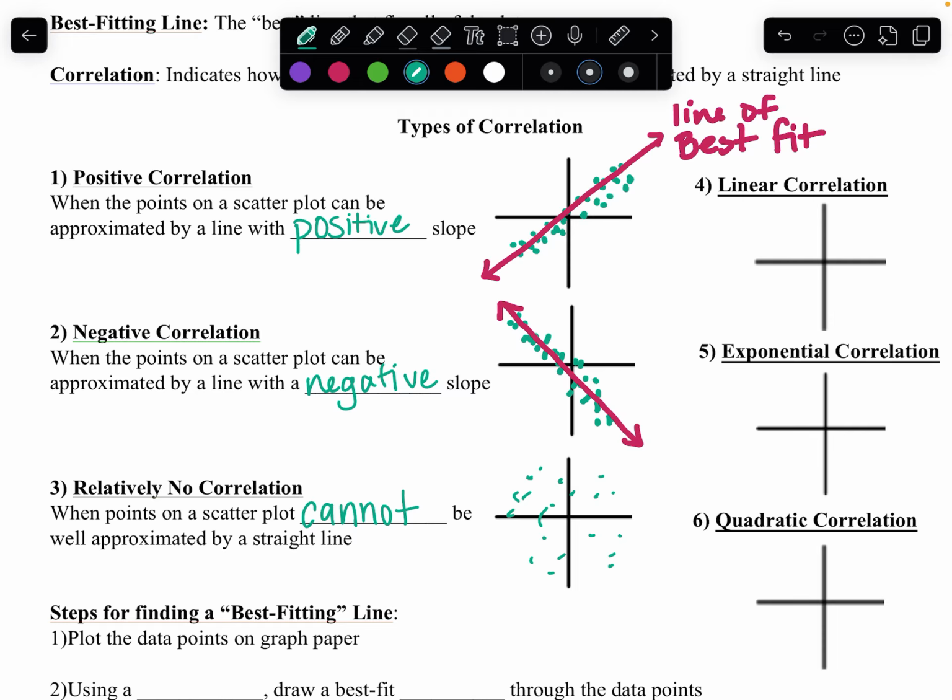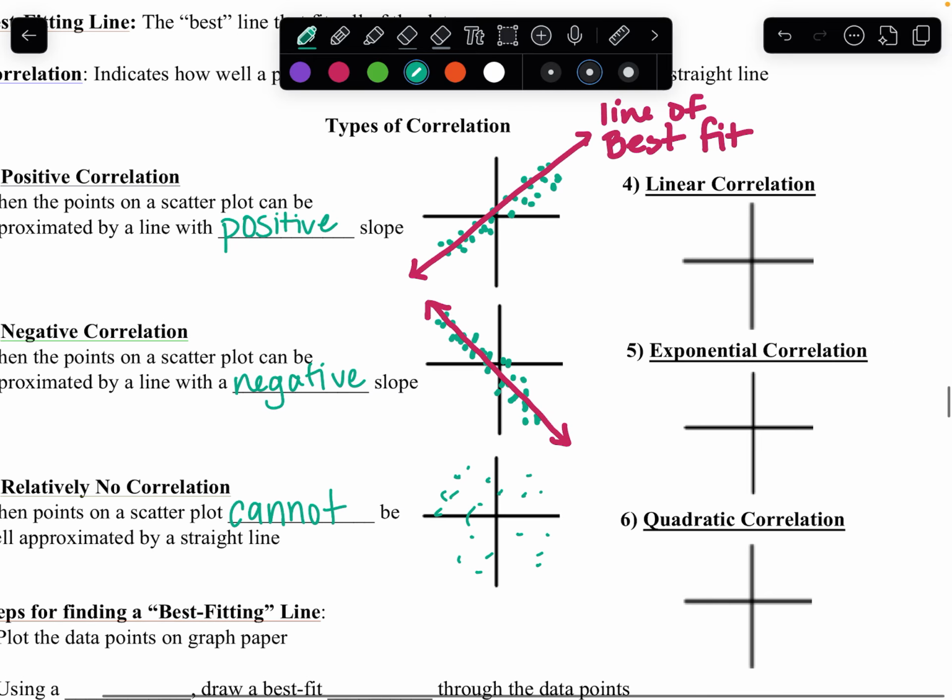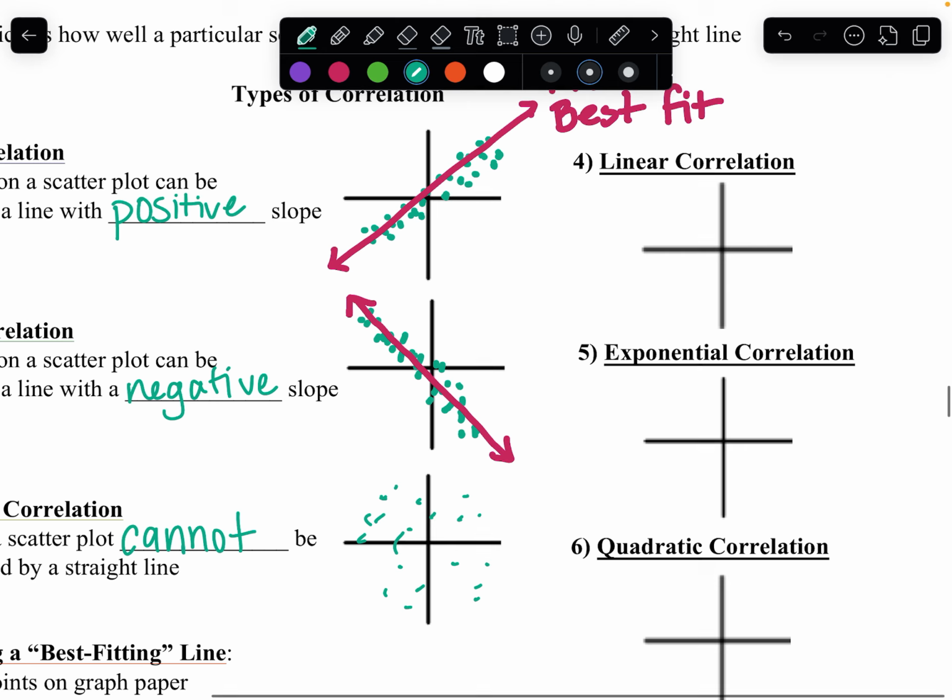Now, we're going to be focusing more on a linear correlation, but there are 3 other types of correlation. There's actually more, but we're just going to talk about 3 new ones, and these are the ones we're going to talk about in the whole school year. So linear correlation, guess what? It creates a line. And so our data would look something like this.